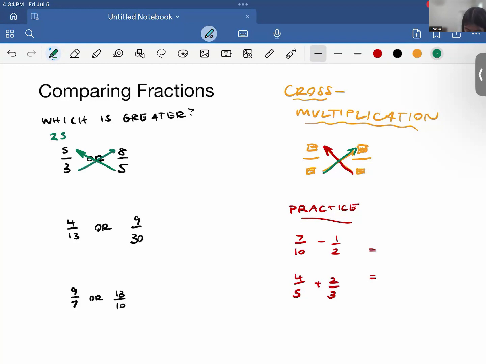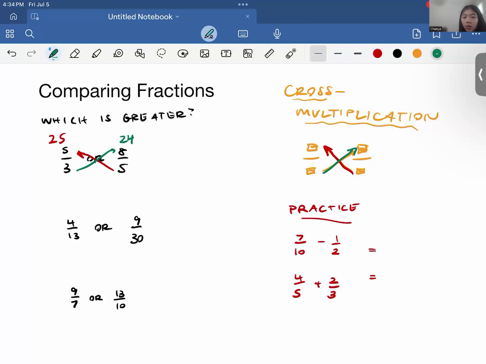You have 3 multiplied by 8. Let me actually write this in red. So you have 5 multiplied by 5 here, which is 25. And you have 3 multiplied by 8 here, which is 24.